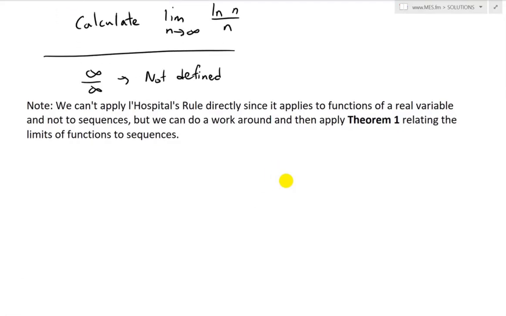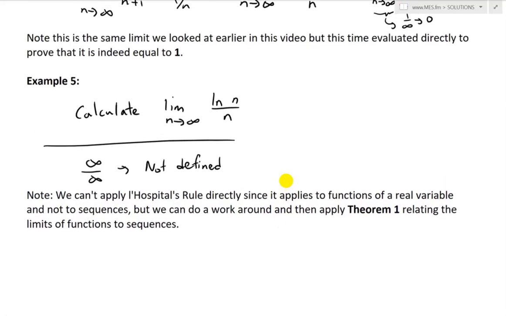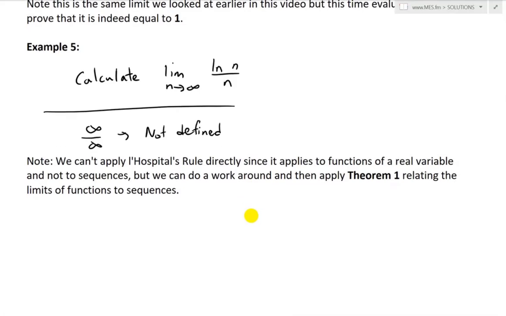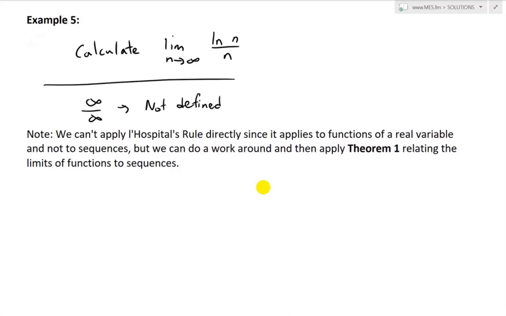Remember Theorem 1. Also recall L'Hopital's rule: if you have an undefined form like this, we can take the limit of the derivatives of the top and bottom, and it gives the same limit as the original functions. So let's write this as a function instead of dealing with sequences, because L'Hopital's rule is defined for real variables and not integers. So the limit as x approaches infinity of ln x over x.